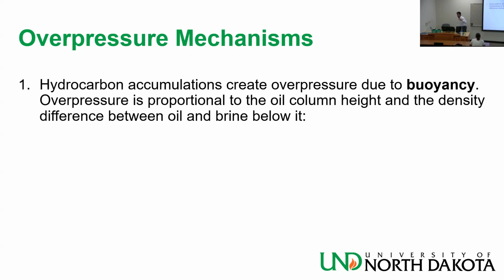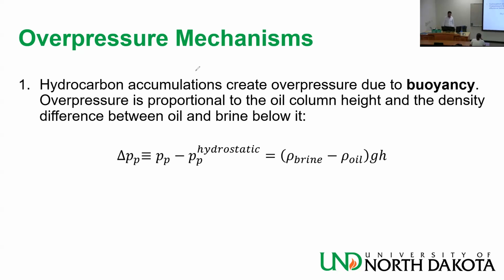Overpressure is proportional to the oil column height and the density difference between the oil and the brine below it. Normally there is brine below oil. So basically, the overpressure is calculated as, let's just call it delta PP in this case. How much higher is my pressure from the hydrostatic?